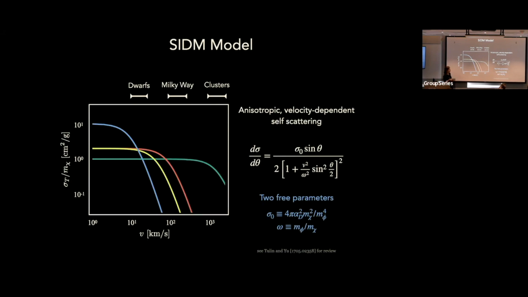That would give me a different velocity scale, such that the cross-section falls off like the blue curve. Then for that model, self-interactions will be relevant in dwarfs, but will do absolutely nothing to a Milky Way galaxy or to a cluster. So you can see very clearly how you tune whether or not the self-interactions are relevant in your system of choice by appropriate selection of those fundamental parameters.